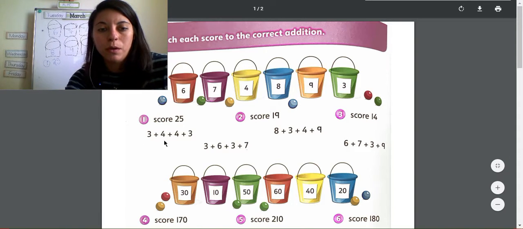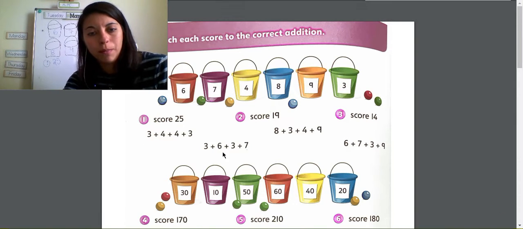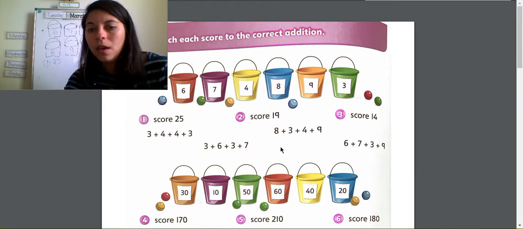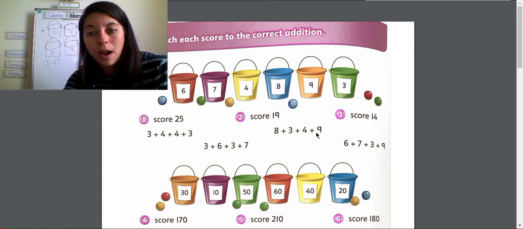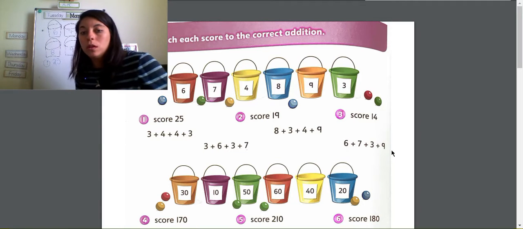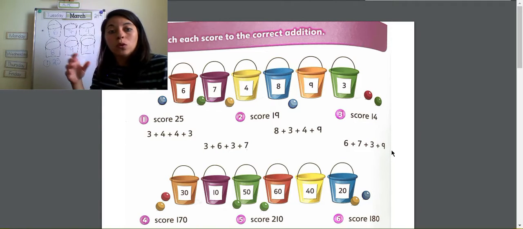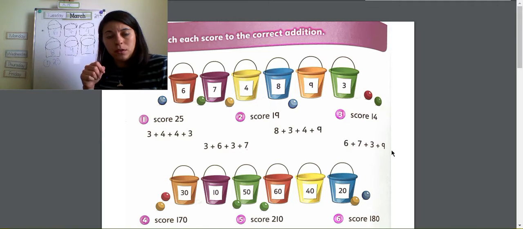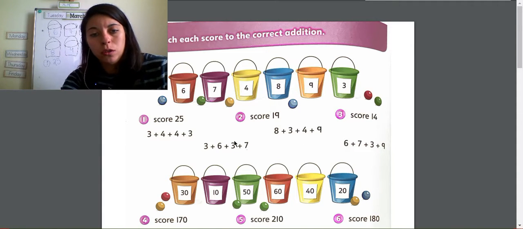You have 3 plus 4 plus 4 plus 3, 3 plus 6 plus 3 plus 7, then 8 plus 3 plus 4 plus 9, and then 6 plus 7 plus 3 plus 9. We're going to figure out which goes where. Now, I know what you noticed. You have 4 different additions, but you only have three scores.